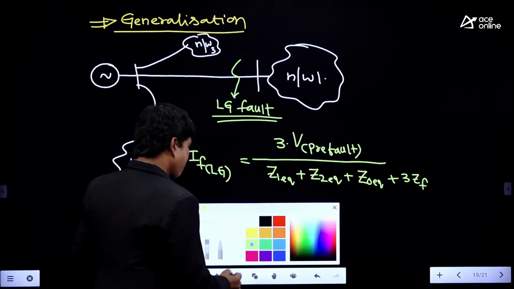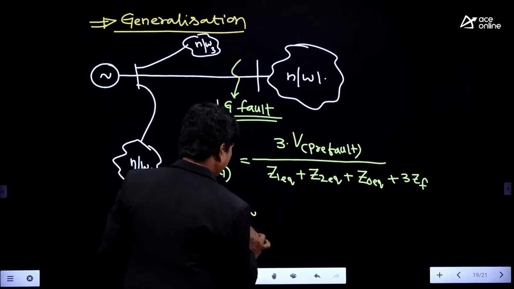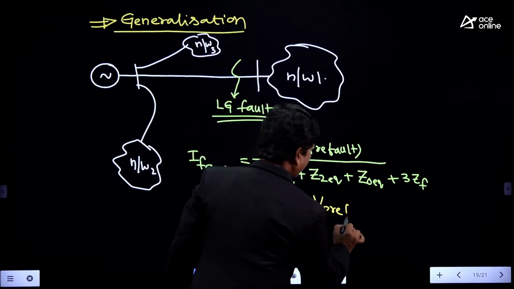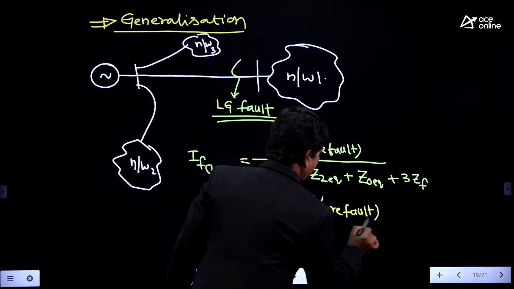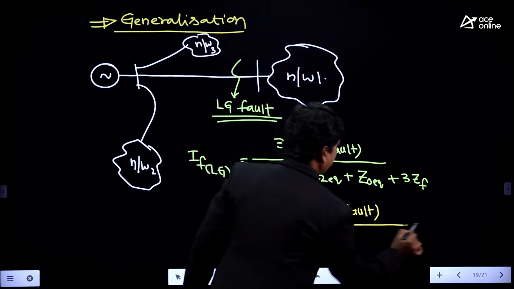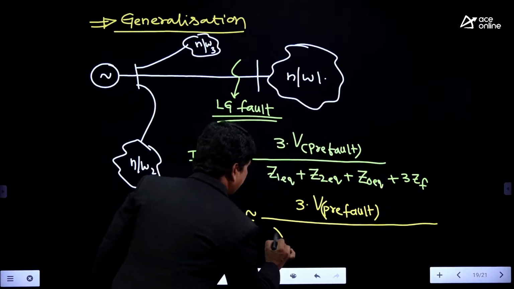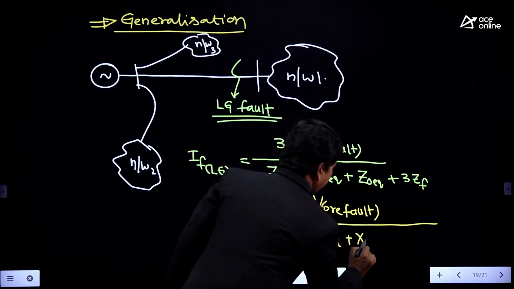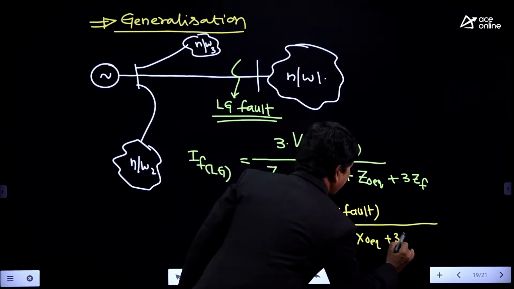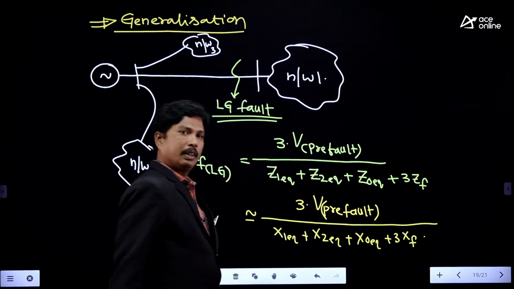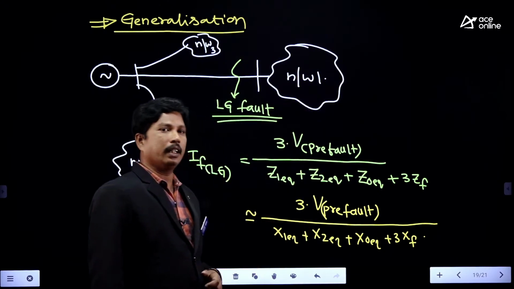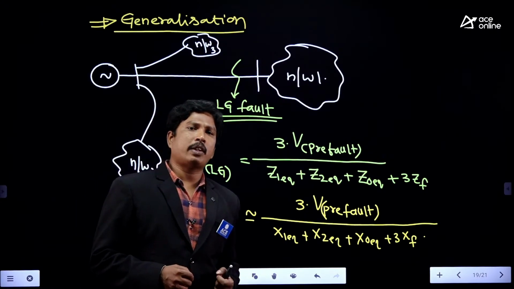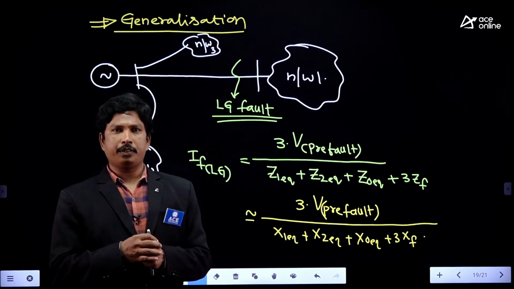So this formula is also approximately equivalent to 3 times the pre-fault voltage divided by X1 equivalent plus X2 equivalent plus X0 equivalent plus 3 times XF. So the impedances are replaced with the reactances. Clear everybody? So these are all the possible formulas that you have in LG fault, right?